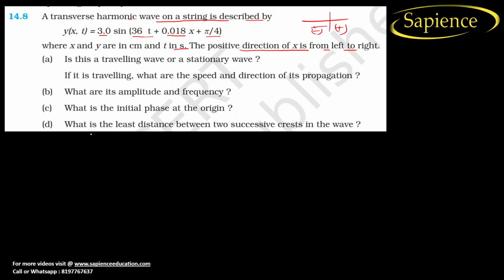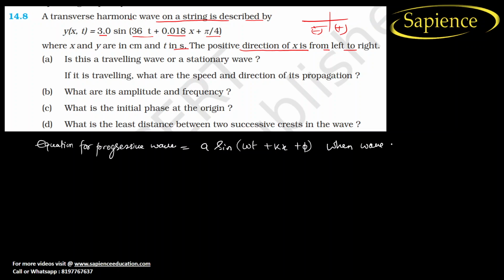So let us understand what the wave equation is. As we know, the equation for a progressive wave is y = a sin(omega t + kx + phi) when the wave moves from right to left.